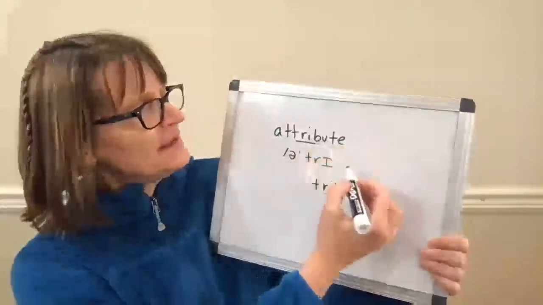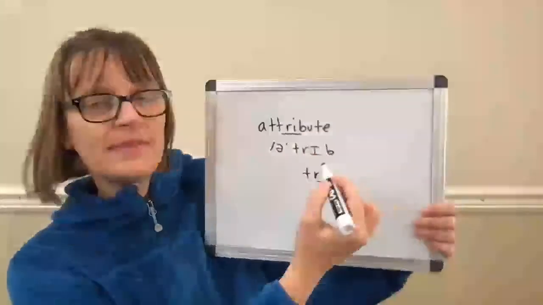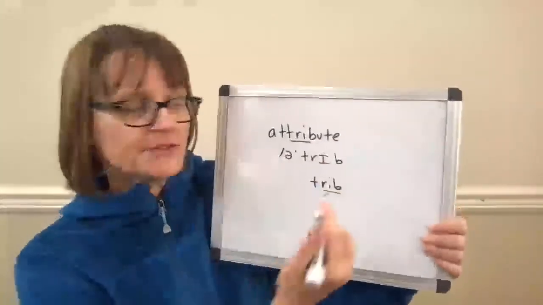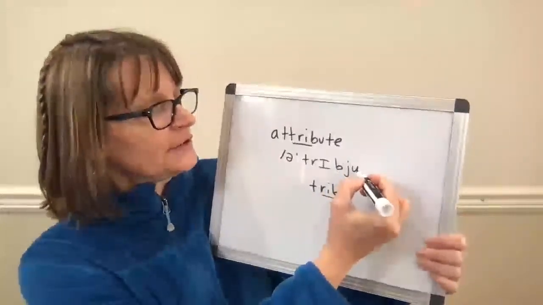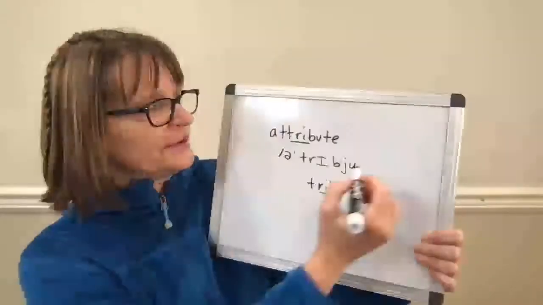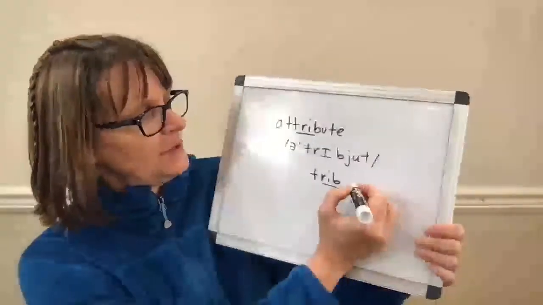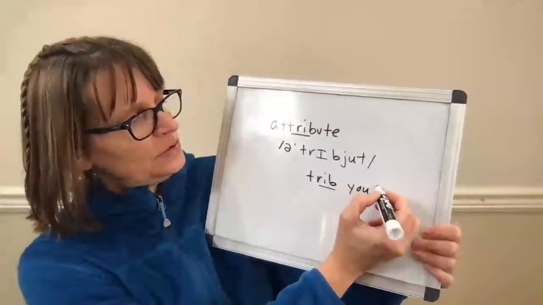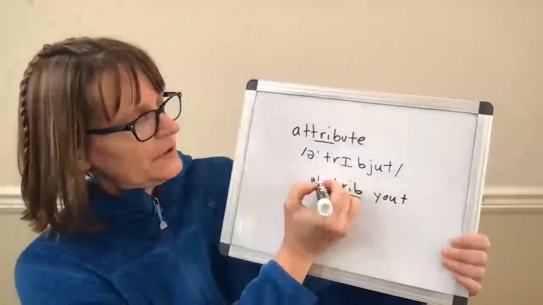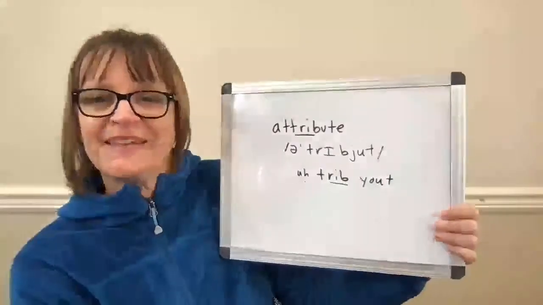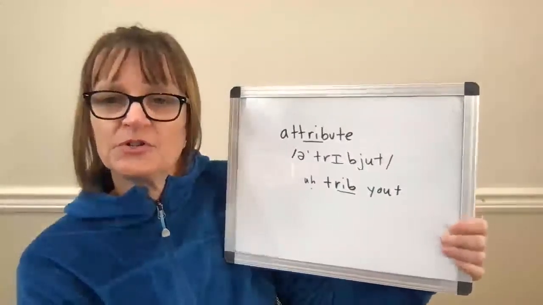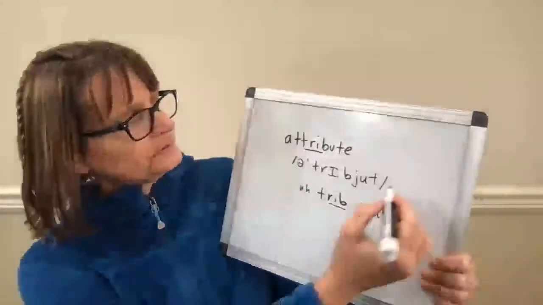And then this U has the U sound, so a glide and the U, not just an U sound. So trib, ute, attribute.